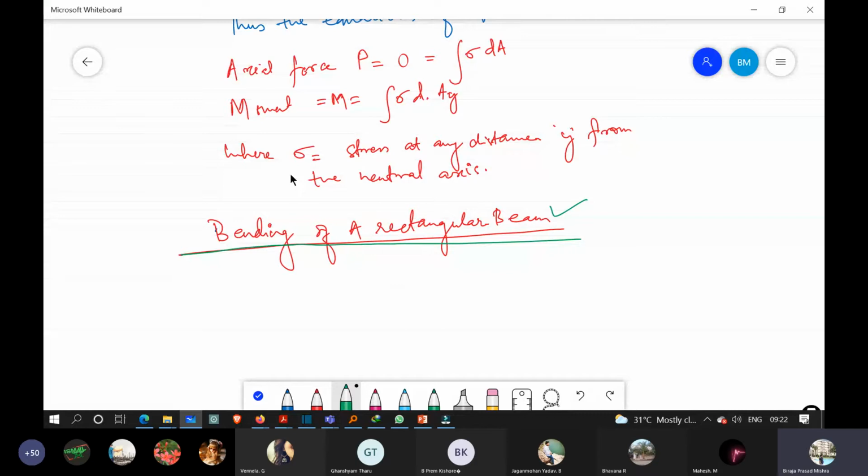Let me draw a figure for you. So now if we have a rectangular beam, let us say the beam is like this. I'm showing the cross section.